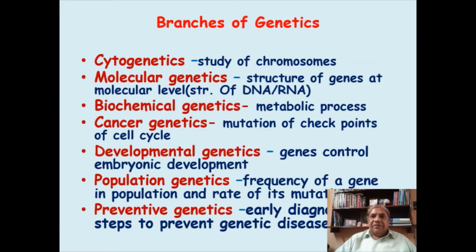For example, alkaptonuria, galactosemia, phenylketonuria, so many diseases are there, which are due to the deficiency of one of the enzymes or abnormality of the gene, which leads to the formation of abnormal enzymes. So the gene is defective, and genes are responsible for biochemical reactions. So this is the third branch, biochemical genetics.